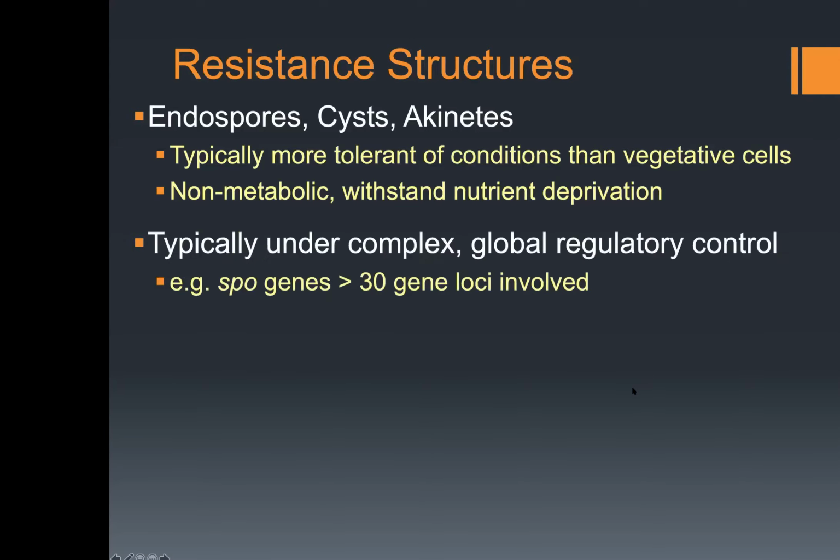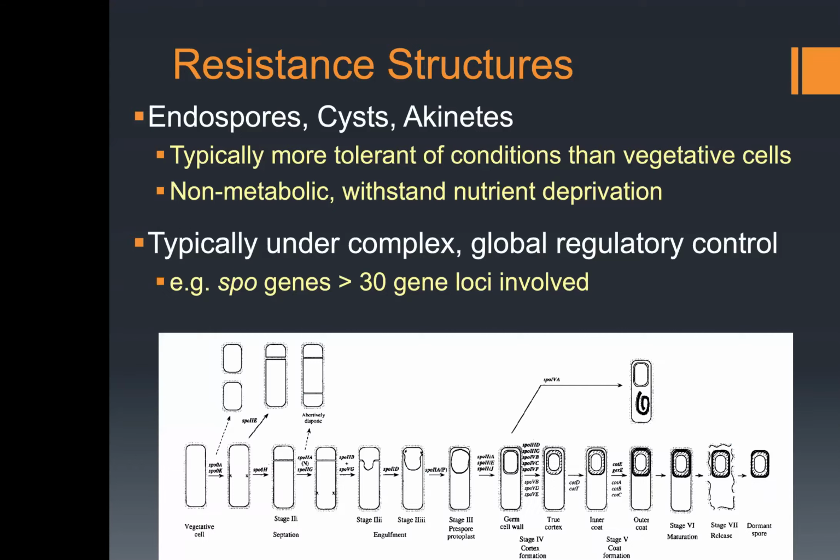All right. This is actually under very elaborate regulatory genetic control. This has been studied best in Bacillus, looking at endospore formation. As you might imagine, the genes that have been identified for this are called spo genes, for sporulation. There are over 30 different gene loci known to be involved. This shows a picture from a classical textbook.